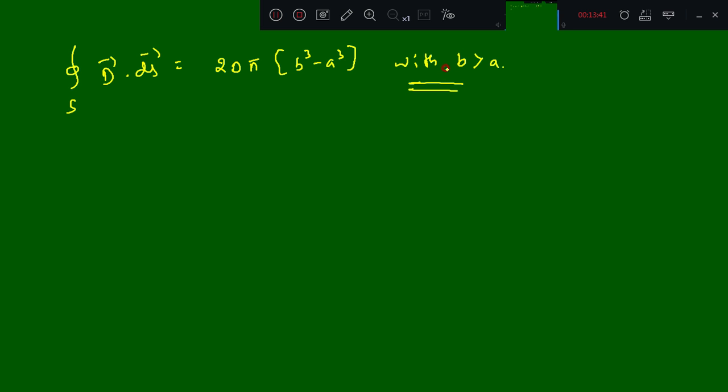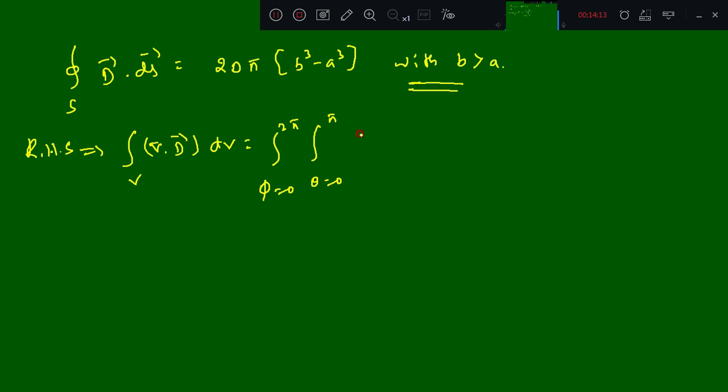The same value we have to prove in the volume integral. So what does the volume integral state? For the RHS, it is the volume integral of del dot D dV. We have only the D_r term, so the volume integral has phi between 0 to 2 pi, theta between 0 to pi, and r between a and b, the sphere limits.